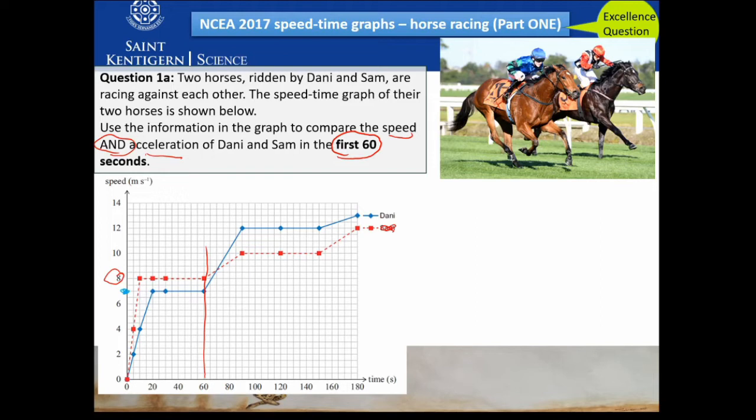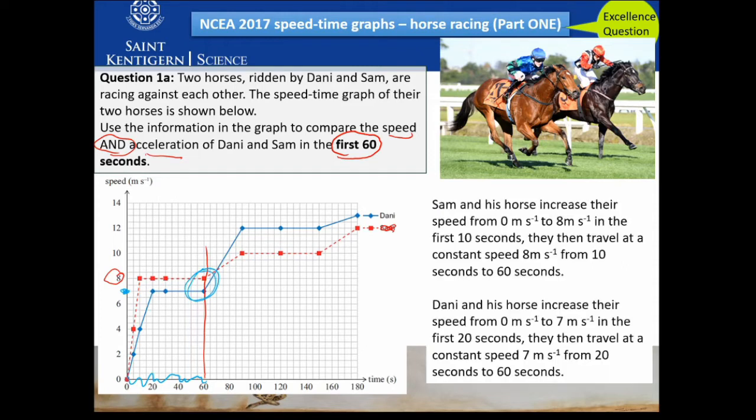But for our acceleration during the first 60 seconds, you need to consider the whole 60 seconds, not just the part that we can see on the graph. Because can you see Sam is accelerating really fast over here, Danny is accelerating slower, but the question goes all the way to that point there.